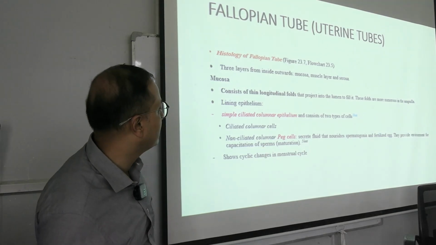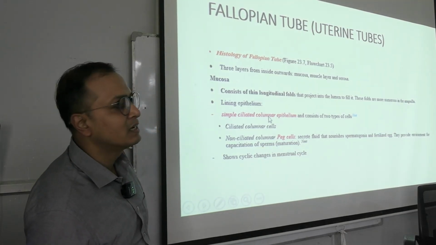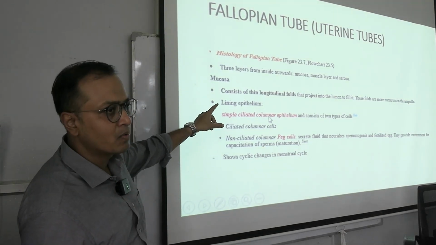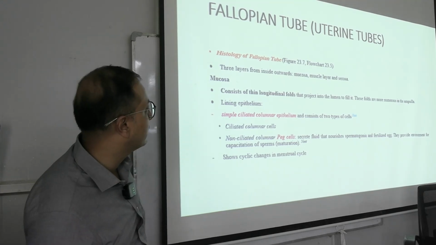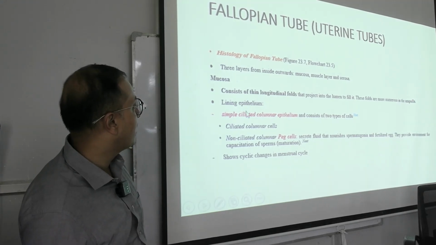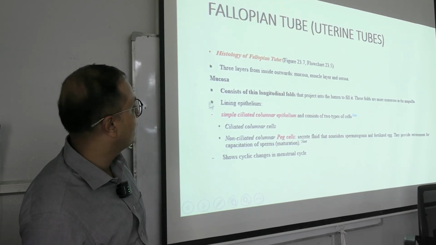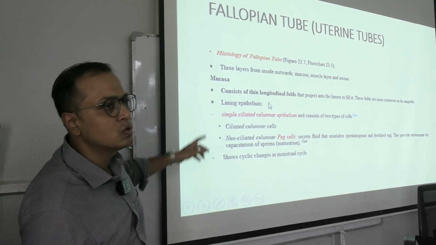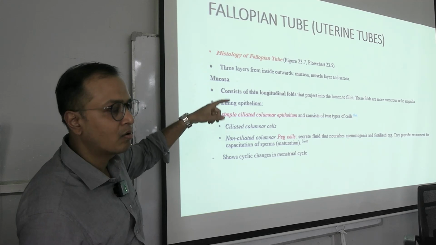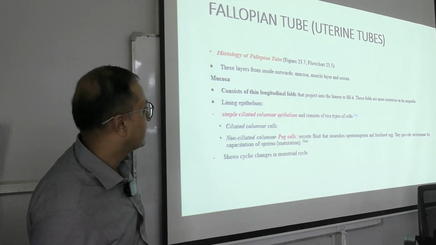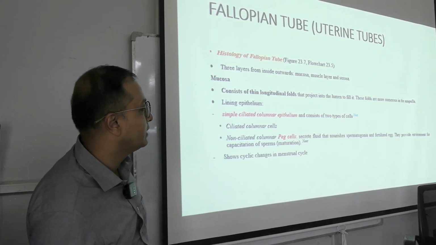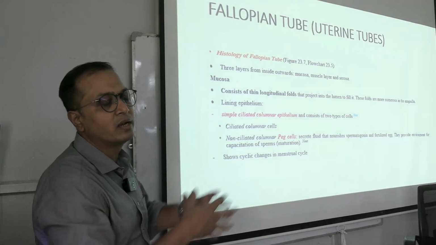So it has a little bit of change. Sometimes it is a little taller and appears columnar, but it is columnar to cuboidal cells, and they have cilia. Now the feature of this mucosal epithelium is that it goes on folding, like magnifications.